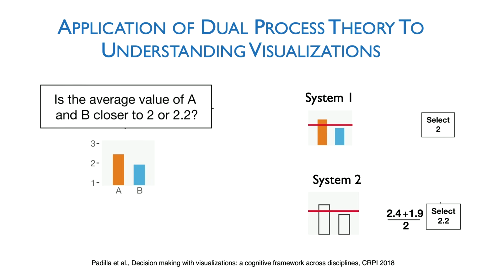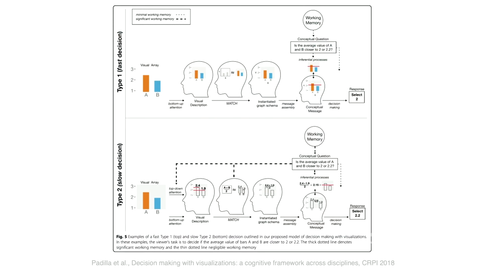But to get the right answer, which is 2.2, you've got to use System 2 thinking. You've got to look at the two values. You've got to carefully see the first one's 2.4, the second one's 1.9. You've got to add those together and divide by 2, and then you're going to get 2.2. And you have to override System 1, where you want to go. So it's a lot of cognitive work.